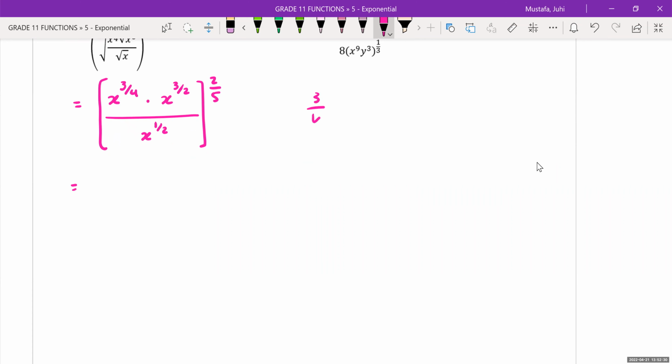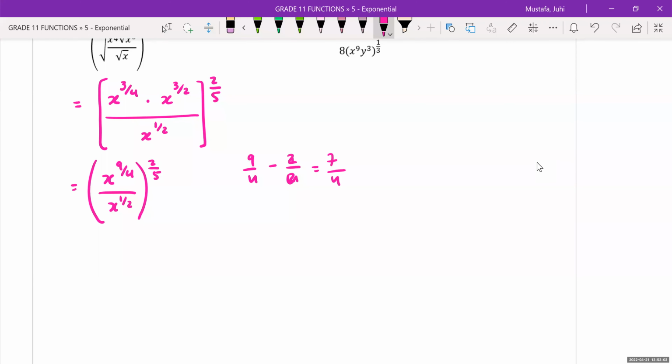So all of your fraction knowledge from grade 9 or up till grade 9 is all coming back now. And over here, I'm going to have 9 over 4 minus 1 over 2, which is the same as 2 over 4.